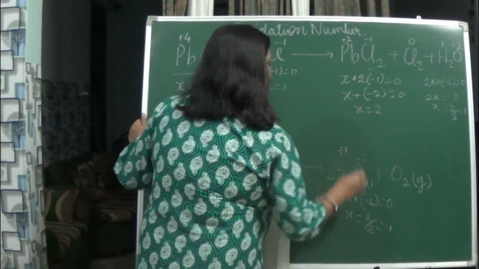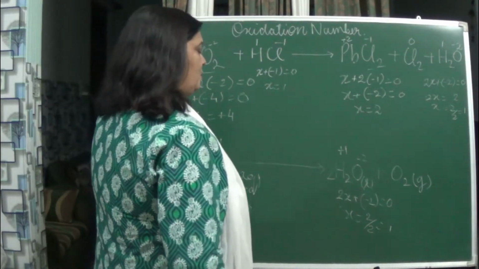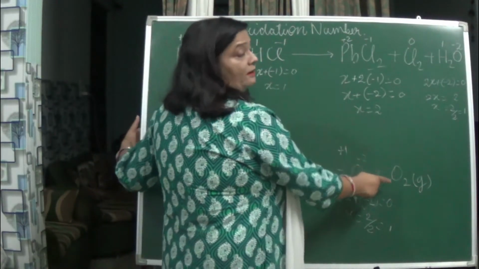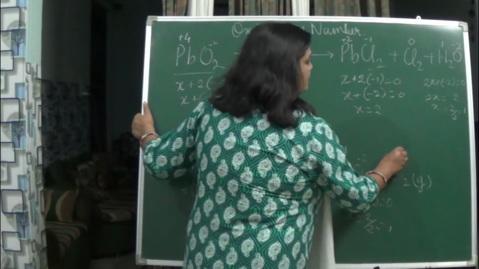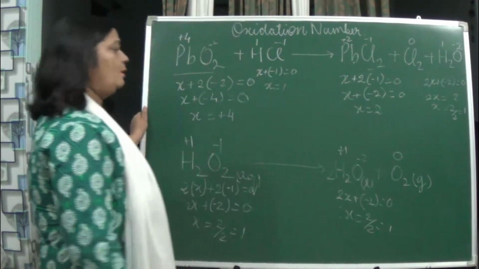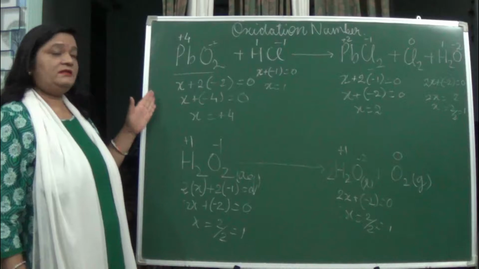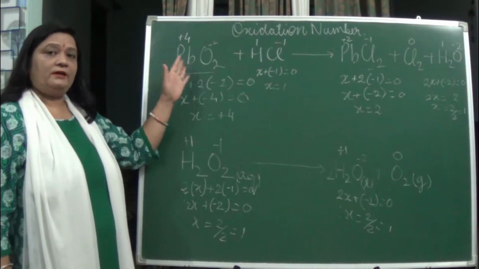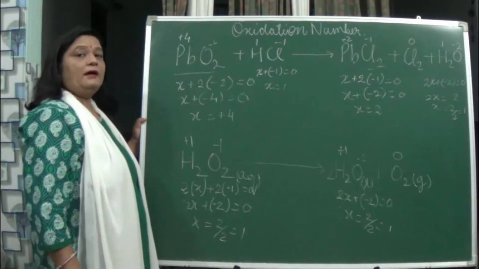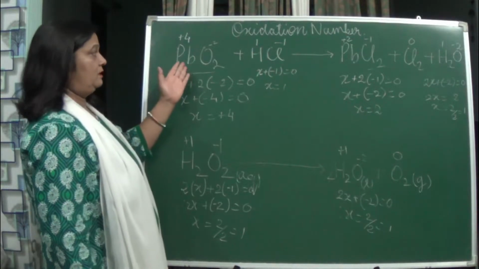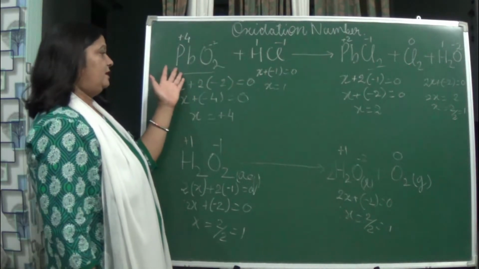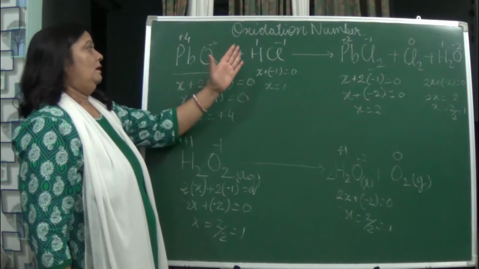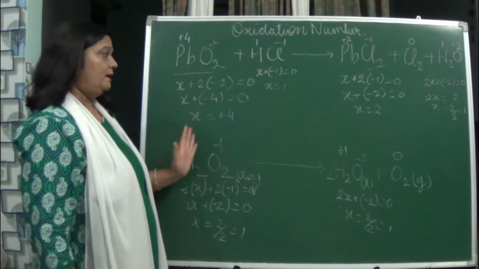So here hydrogen is 1. Now oxygen is in molecular form, so it will be 0. This is how we take out the oxidation number of the different elements present in the reaction, in compound form, and we have taken out each and every element's oxidation number.